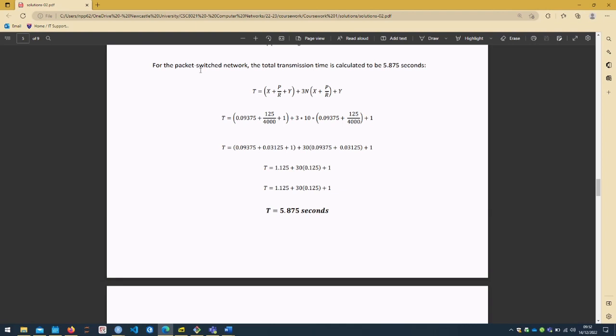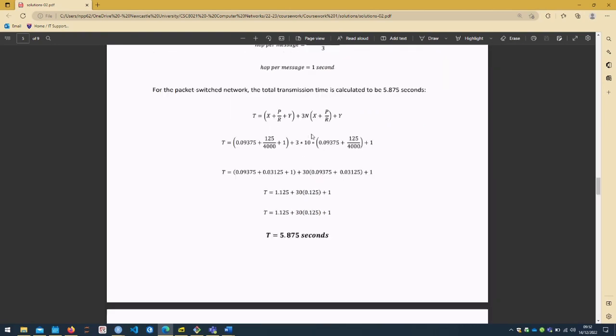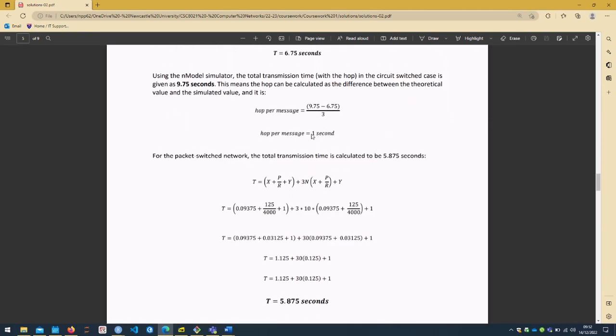So yeah, just plug in the values, and in this case, x is used. The value used for x is the one in question 2, so the threshold. So you arrive at a value that's roughly 1 second lower than the circuit switch network.